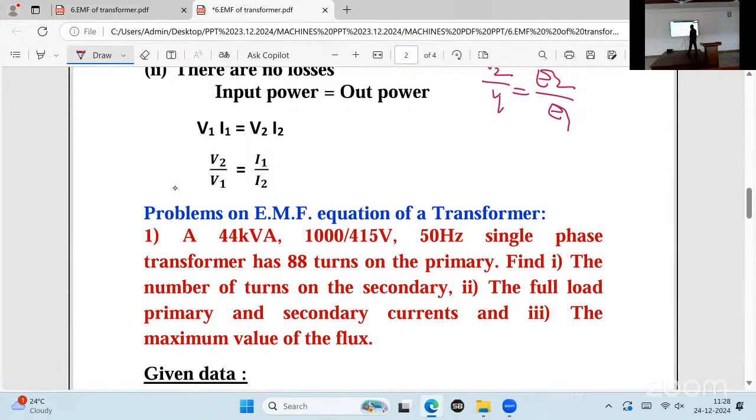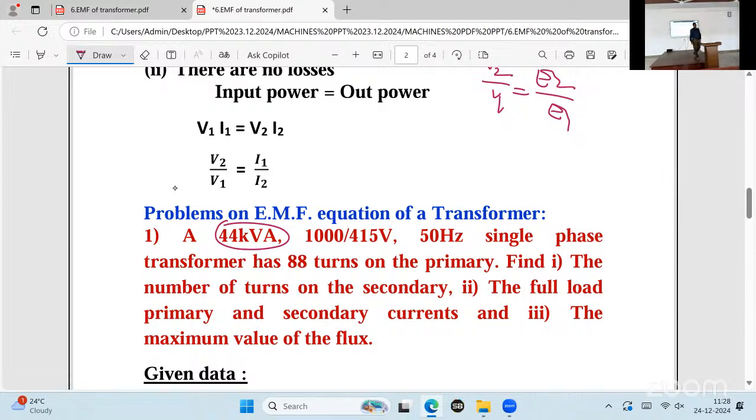A 44 kVA, kilovolt ampere. K means 1000 volt ampere.